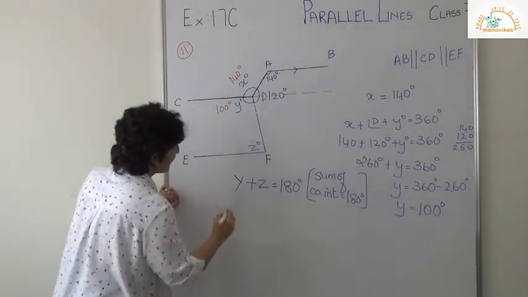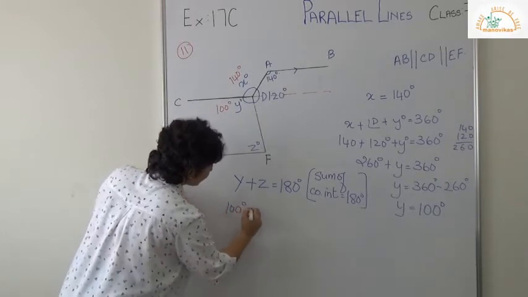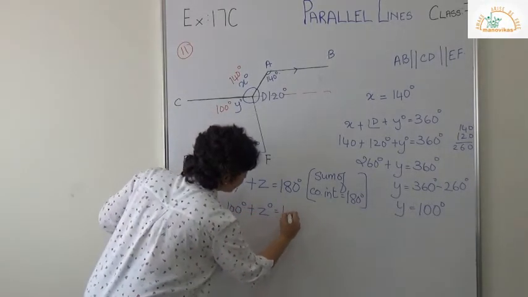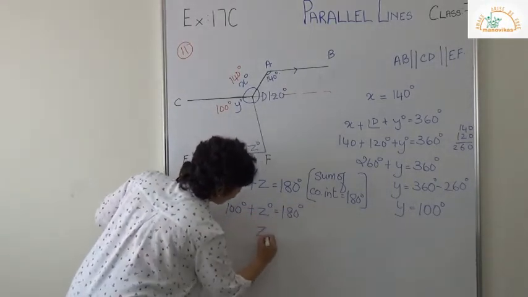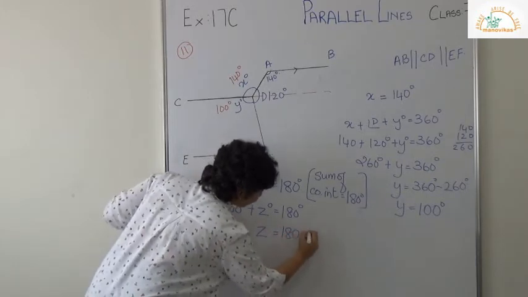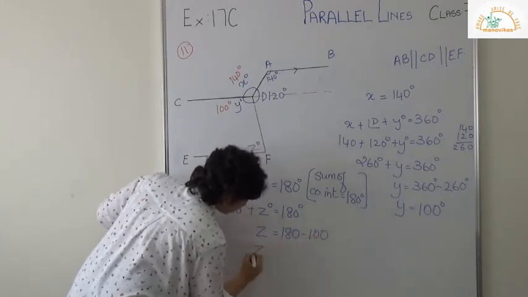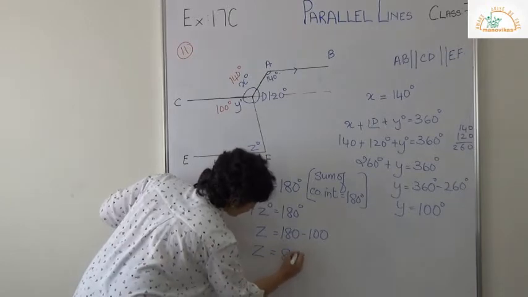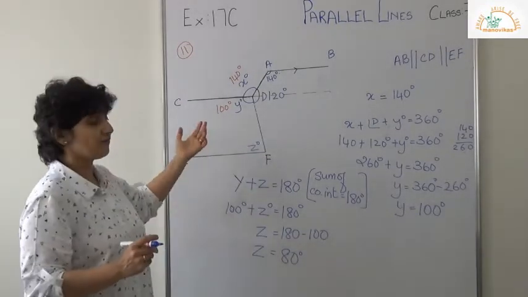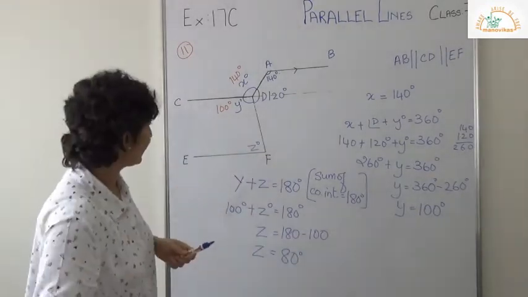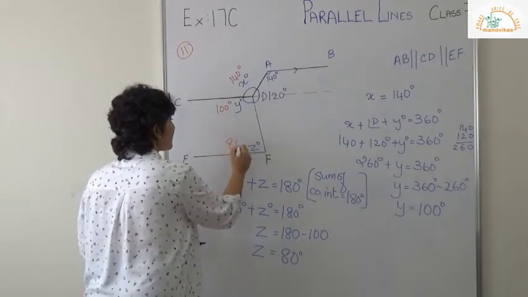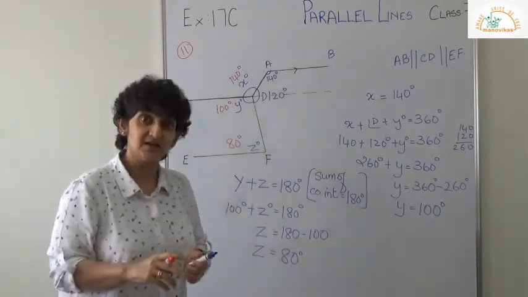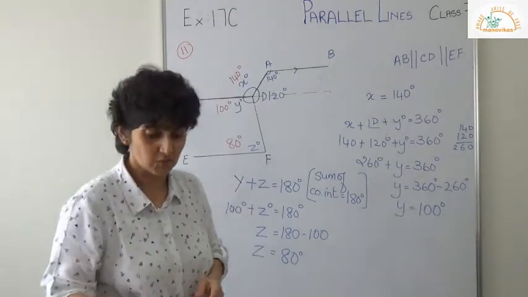So now what is y equal to? 100 plus z degrees is equal to 180. So what is z equal to? 180 minus 100. So z is equal to 80 degrees. So now you have found your x, y and your z. So this is 80 degrees. Is this clear? Let's move on to question 12.